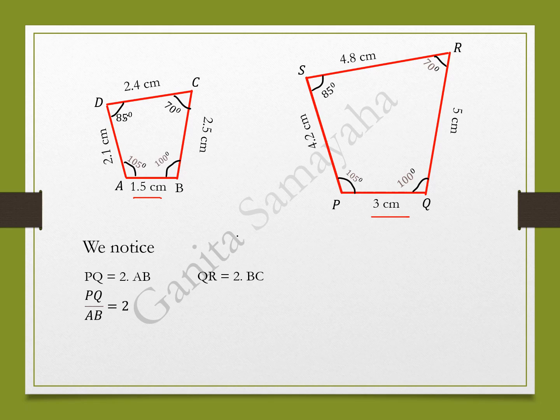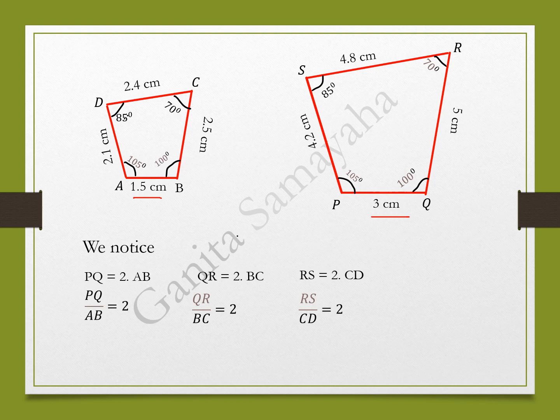So also we have QR which is twice BC, and the ratio of QR to BC is 2. We have QR 5 cm and BC 2.5 cm. Similarly, observe side SR and DC, children. What can you infer? Yes, side SR is twice that of CD. So, the ratio RS by CD is 2, and then the remaining side.